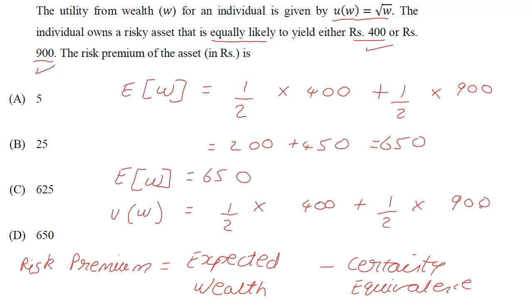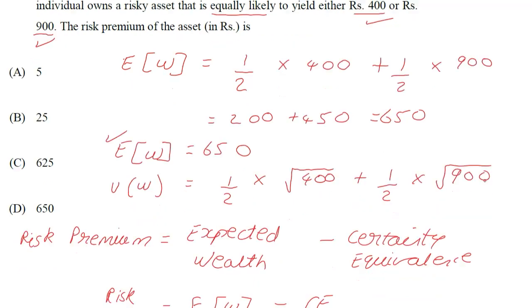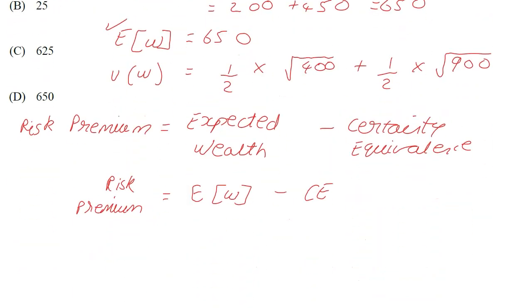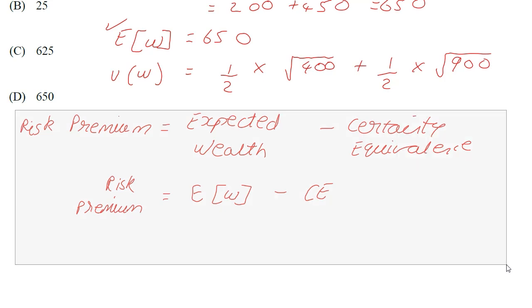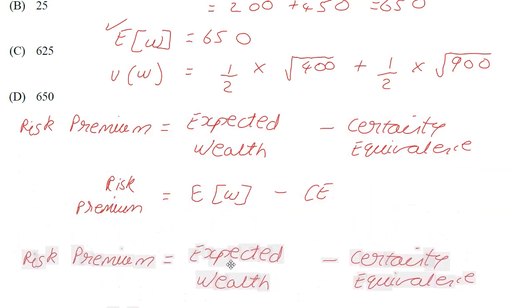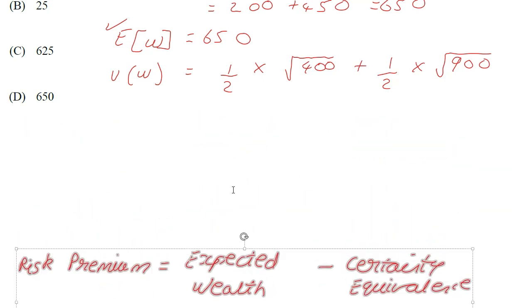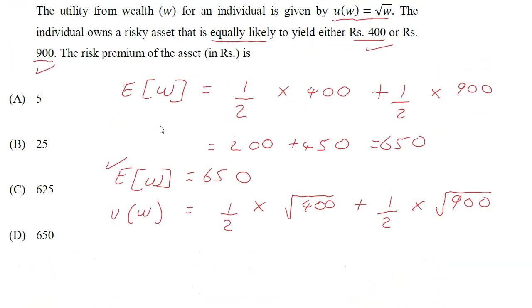The only problem is in this calculation, we are not calculating expected value in terms of rupees, but utility. And we have been given a formula for utility of wealth being the root of the wealth. So I will take a root over here and a root over here and accordingly solve. It looks like I've run out of space, so I'm going to make some space for myself. Obviously, when you use rough paper to do these calculations, you don't have this luxury, but you'll be able to manage.